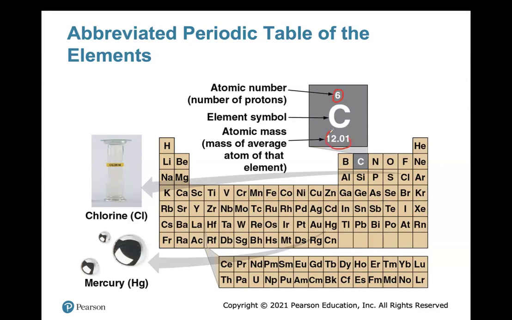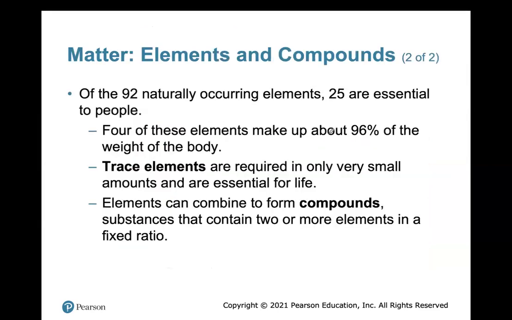So you can see abbreviations of all the elements shown here, from chlorine to mercury to hydrogen to sodium to potassium and so forth. Of the 92 naturally occurring elements, 25 are essential to people. Four of these elements make up about 96% of the weight of the body.